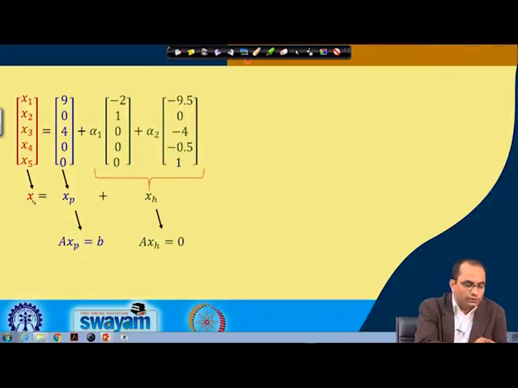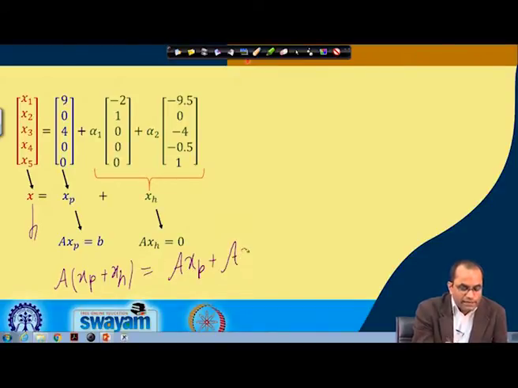So, this x is a solution because A and this x has two parts, a particular plus this xh, and then we can use this product rule here. So, Axp plus this Axh, and this is 0 anyway, and this Axp will give b.